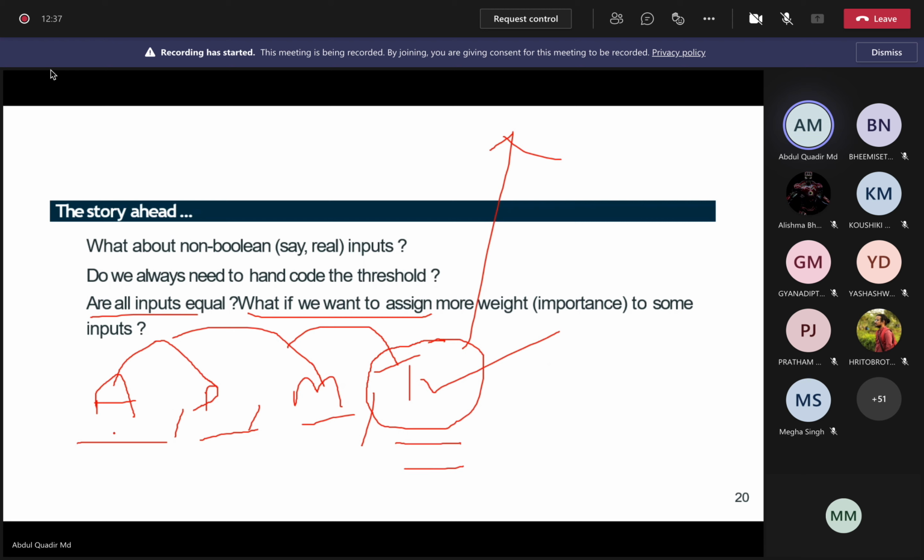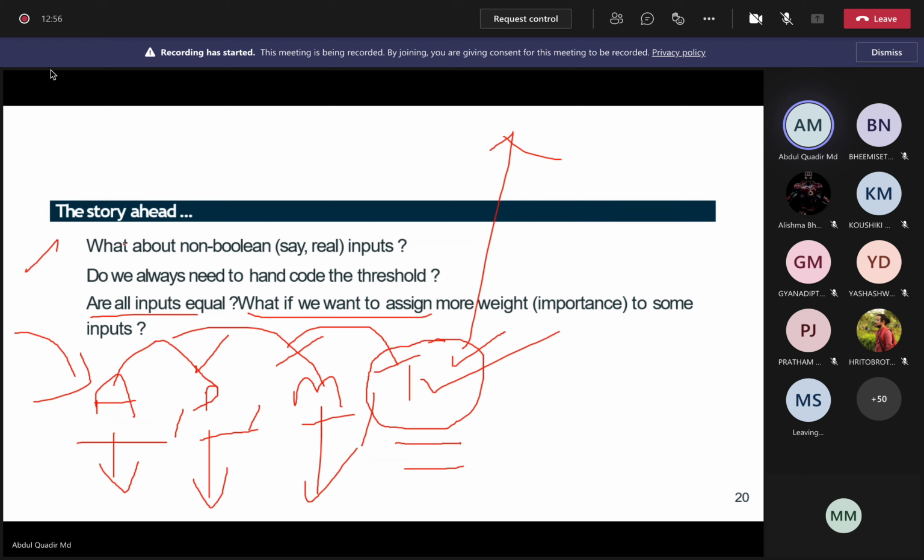The weightage I give to the other inputs will be very low. Or if the actor is Arnold, irrespective of the director or the music or the movie being a thriller, I am going to watch the movie.